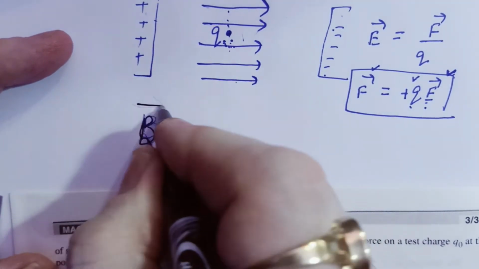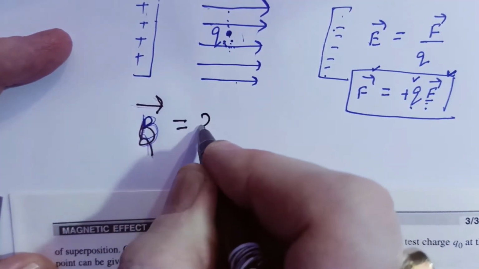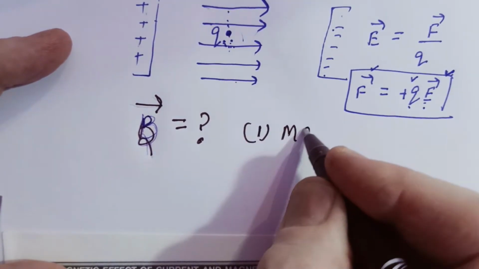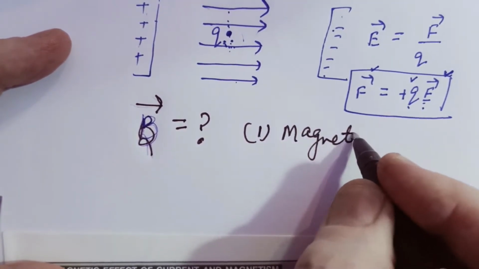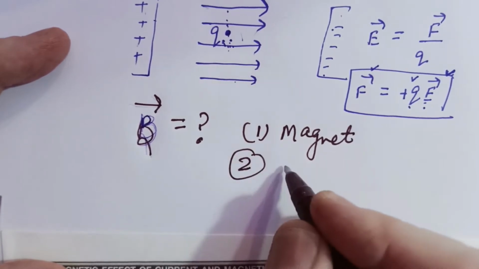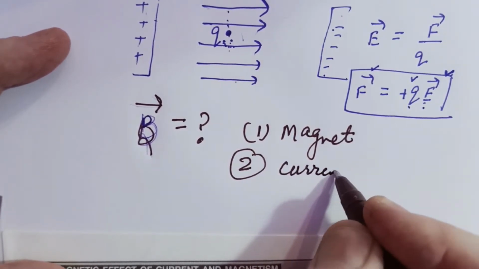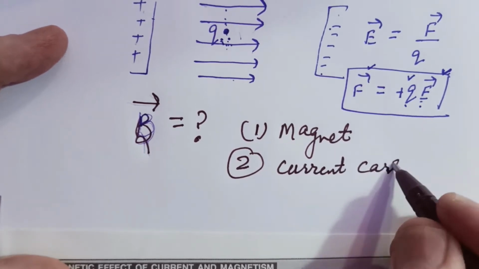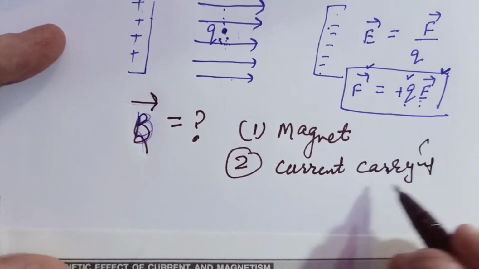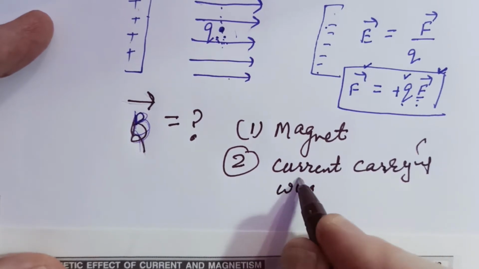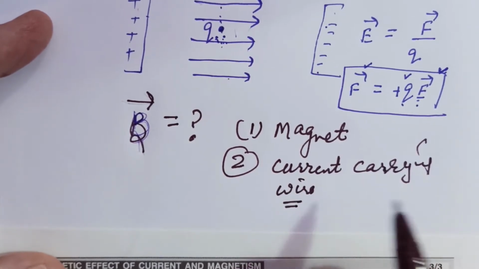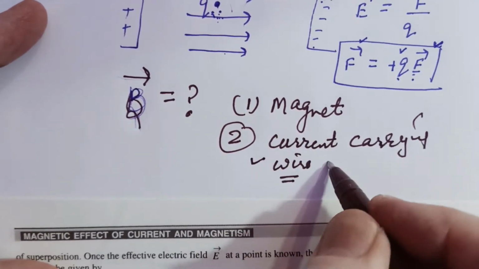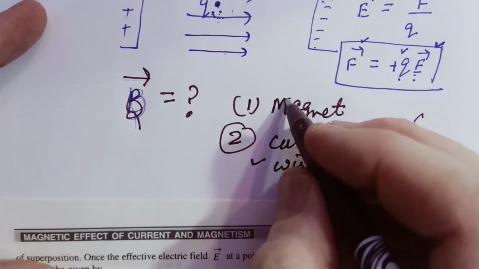What is the origin of the magnetic field B? Always remember, first, a permanent magnet. Second, a current carrying wire or any conductor or a loop. Whenever there is a current, there will be a magnetic field.